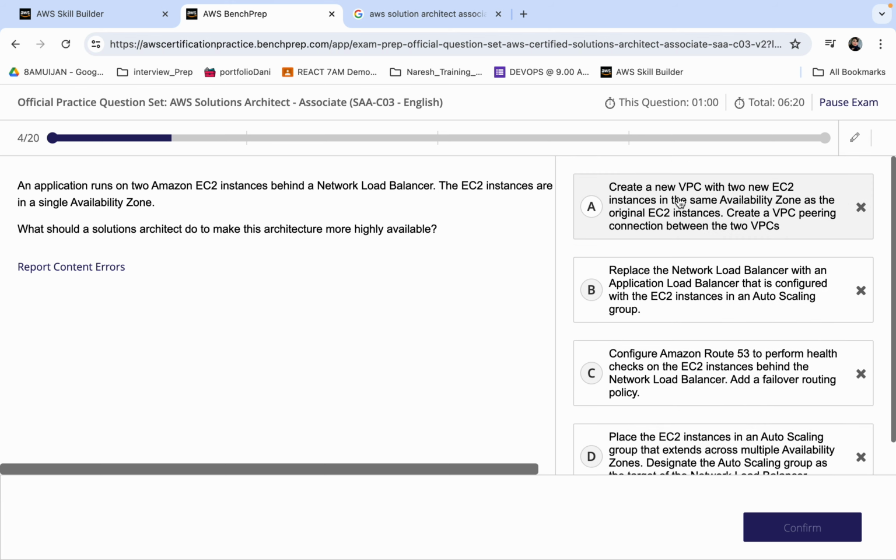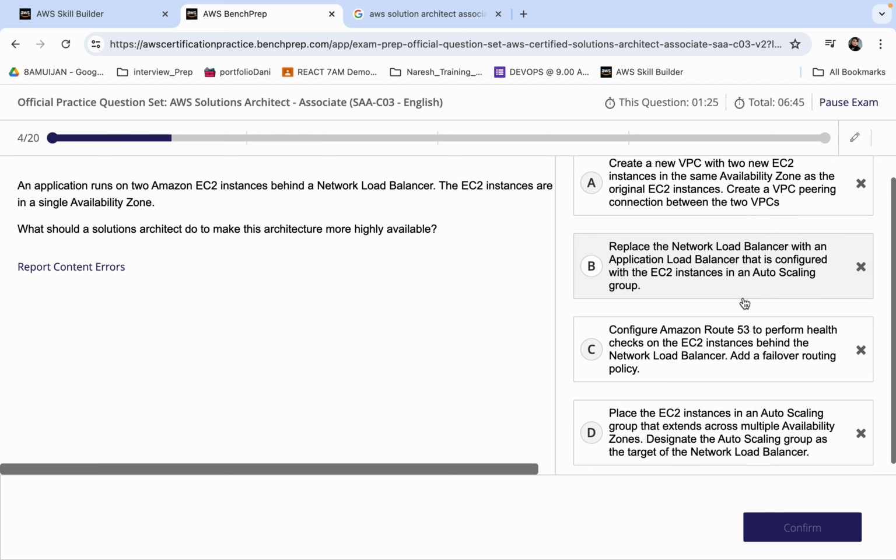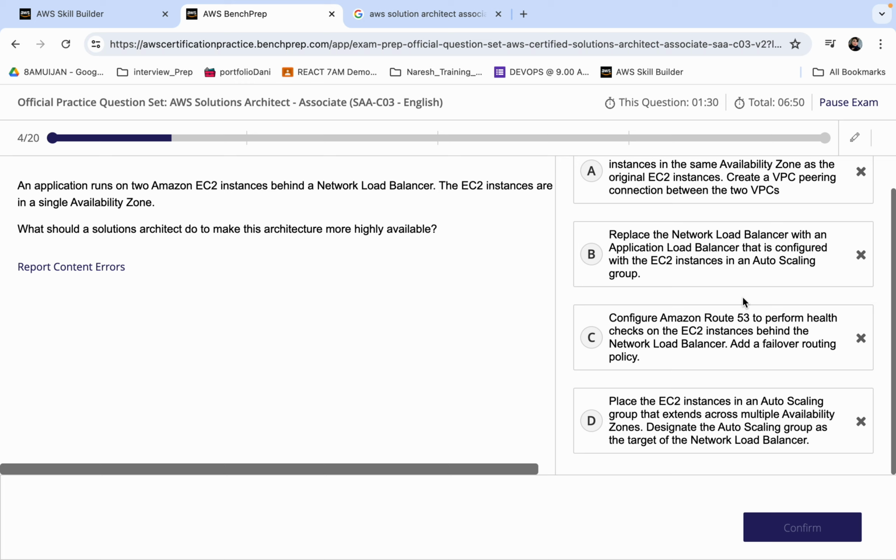Create a new VPC with two new EC2 instances in the same AZ as the original EC2 instances, and create a VPC peering connection between the two VPCs. Or replace the NLB with an Application Load Balancer that is configured with the EC2 instances in an Auto Scaling group.